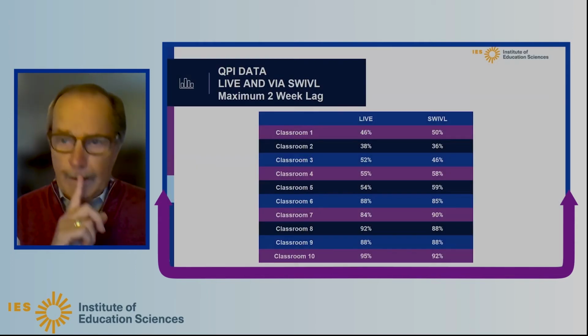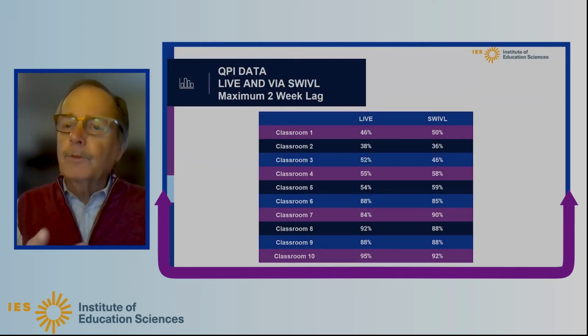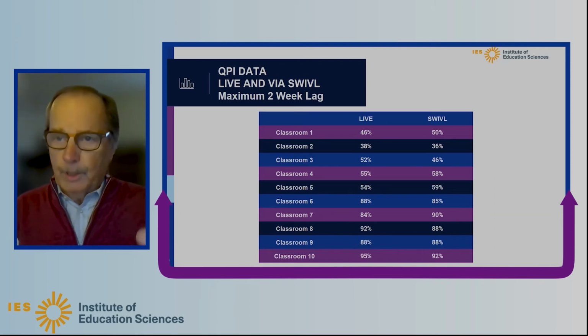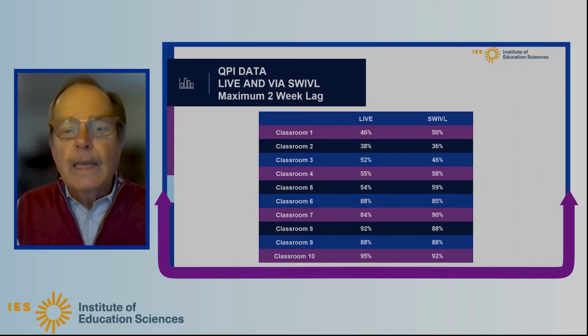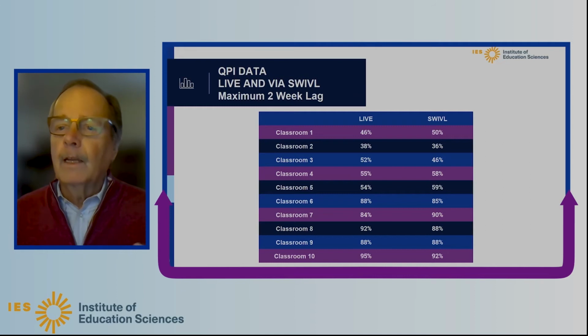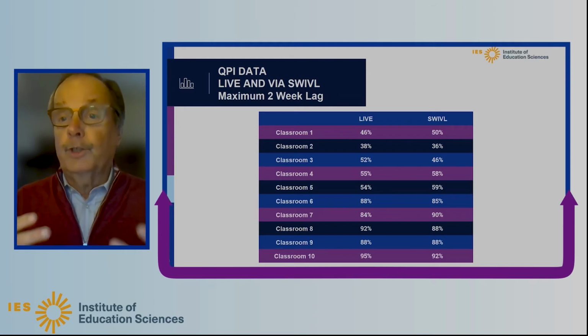So here's what the data look like. And we were able to create a couple of groups of classrooms. In classrooms 1 through 5, these were settings in which people were involved in the initial phase of coaching.